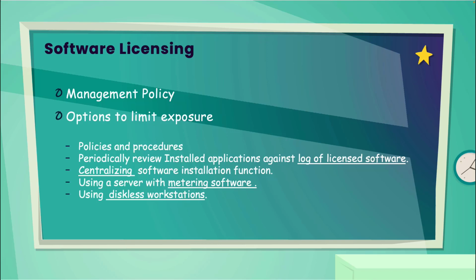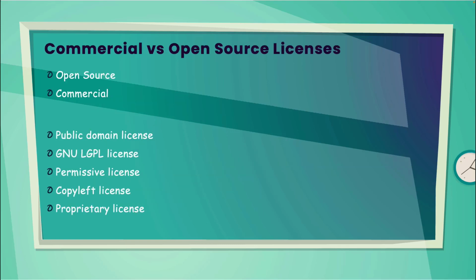And the good recommendation here is to use diskless workstations that rely on a secure server for running software so that users will not have the ability to install software. It's also a good practice to not grant users admin rights on their laptops across the company so that they will not have the ability to install unlicensed software.